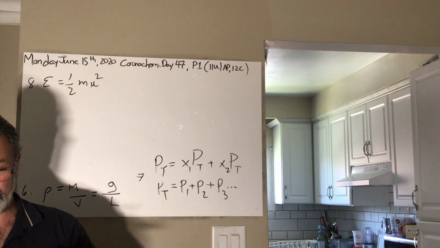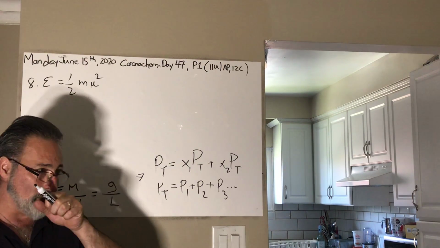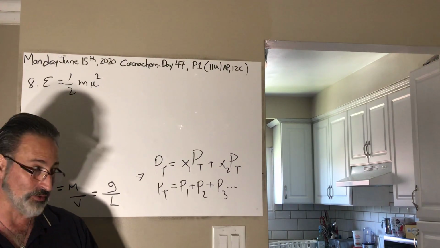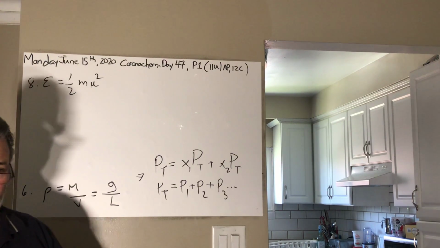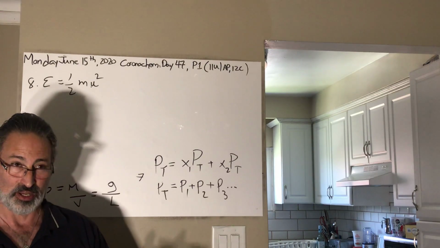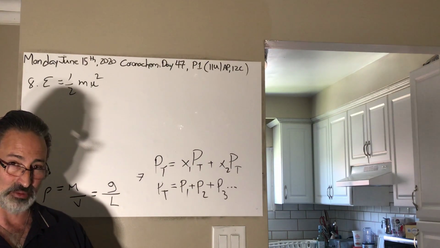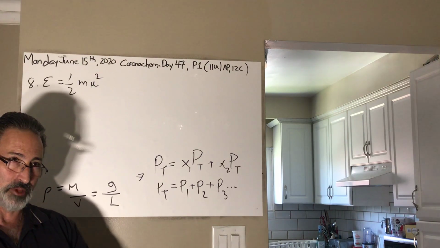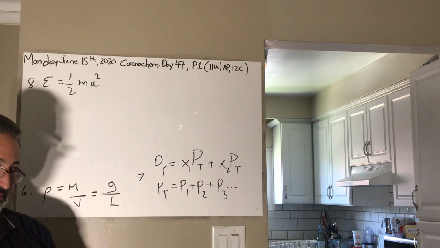So if a molecule has a higher velocity, the squaring of the velocity has a high effect on the kinetic energy. So the average kinetic energy of a collection of gas molecules is a little bit higher than the middle of the bell curve distribution of the velocities of the molecules.